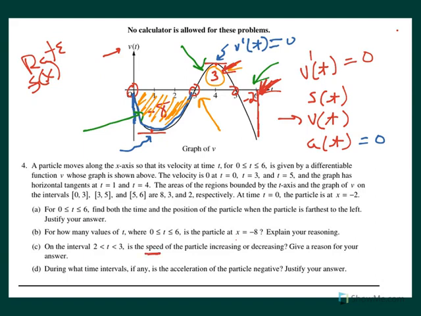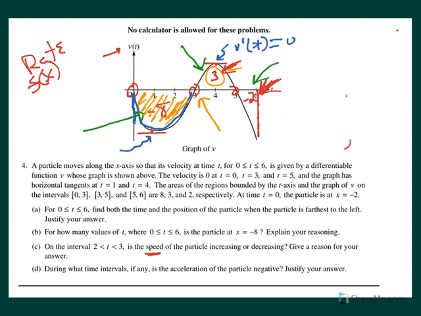The first thing I pick up on in this question is that they put the word speed in there, not velocity. So speed is the absolute value of your velocity. So velocity gives you a direction. It has positive velocity and negative velocity. Speed is just how quick you're going, regardless of what direction you're going.